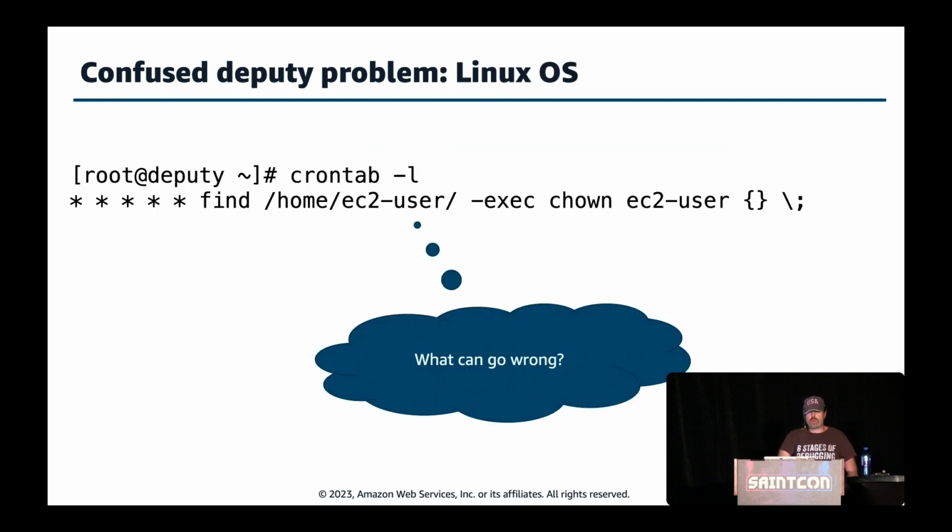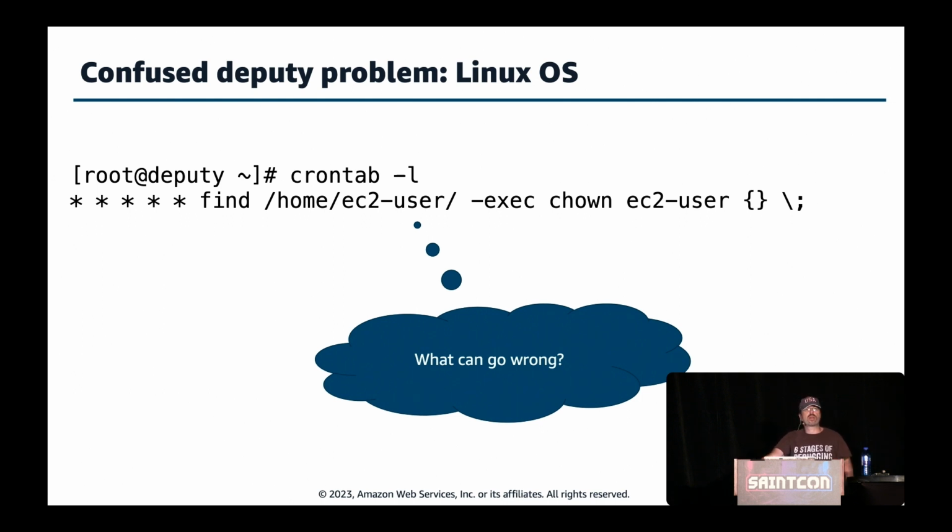So to understand it better, let's start with an example on Linux. Imagine that we have this handy cron job created by the system administrator to make sure that all the files in a user home directory are actually owned by that user, right? That's pretty legitimate.